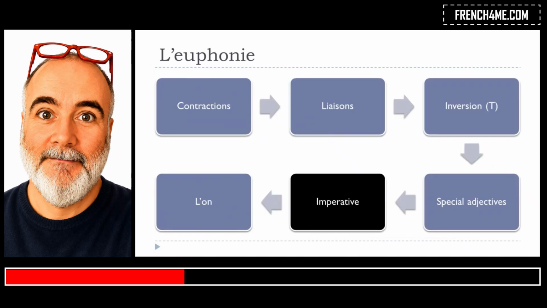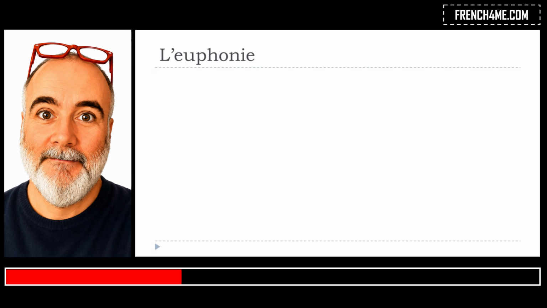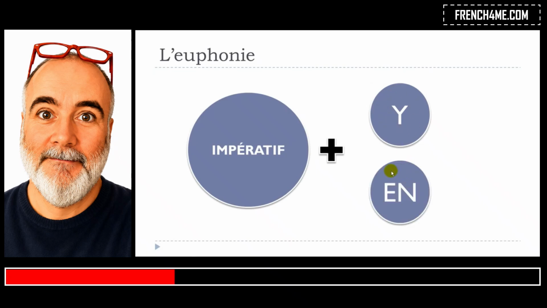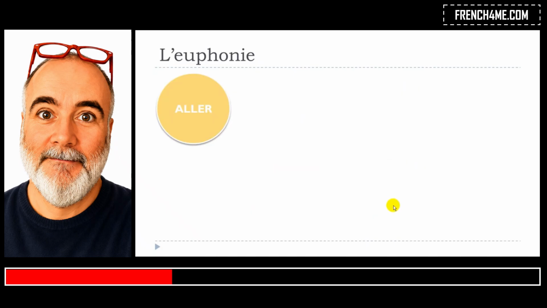Let's see now the imperative form, so l'impératif. It's quite interesting because l'impératif, if you combine it with le pronom y, and then le pronom en, we'll see how it works, because for instance, you take the verb aller.